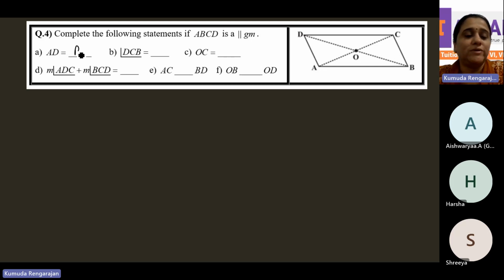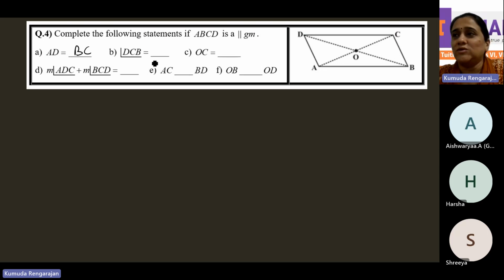AD is equal to BC because opposite sides are equal. In a parallelogram, you cannot find the length of anything here. Maybe you were under the feeling that you have to find numerical values. How can you? Nothing is given. So AD is equal to BC because opposite sides are equal.